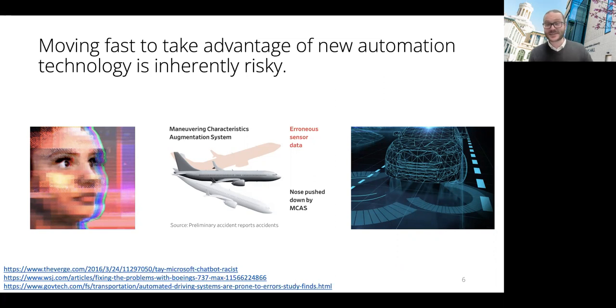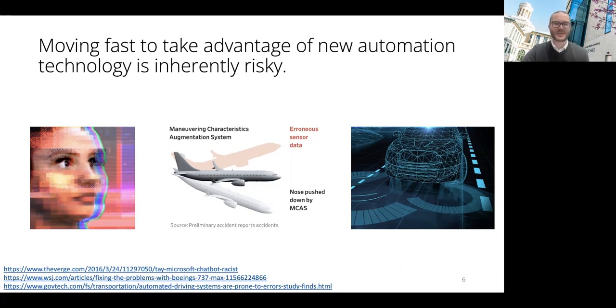It's risky, and that's because there are a variety of fairly well-known and troublingly diverse failure cases. On the left, we have Tay, a Microsoft chatbot from 2016 that was on Twitter for about 2 days before becoming extremely racist.